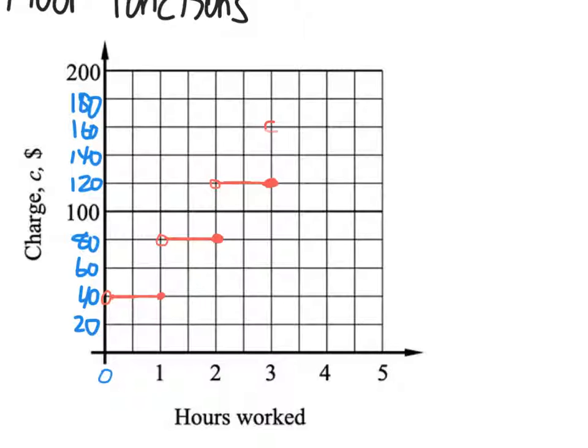So the way, again, I represent getting really close to that mark of 3, 160 is by putting an open circle there. And then we're showing that we're getting all the way to 4, 160, because if they work for 4 complete hours, not a second more, we're still living at that $160 price point. The final price point would be what? 200.